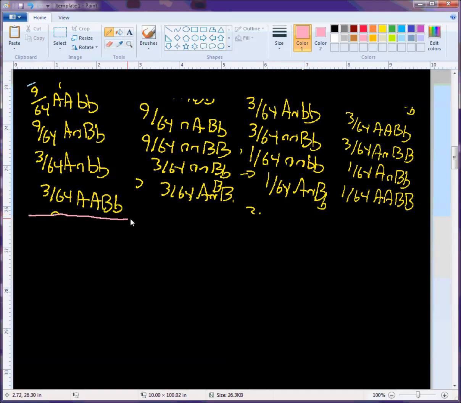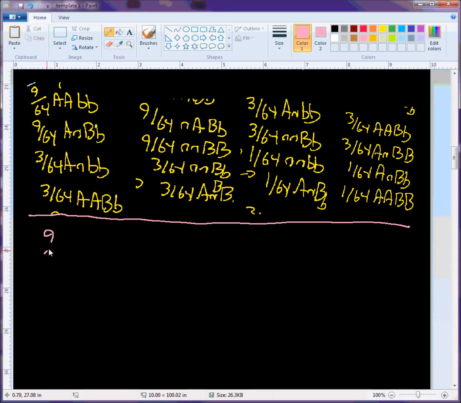So what I'm going to do is I'm just going to rewrite all of these with just the phenotypic information. So I'm just going to either write a big A for the big A phenotype, and a big B for the big B phenotype, a little a for the little a phenotype, little b for the little b phenotype.